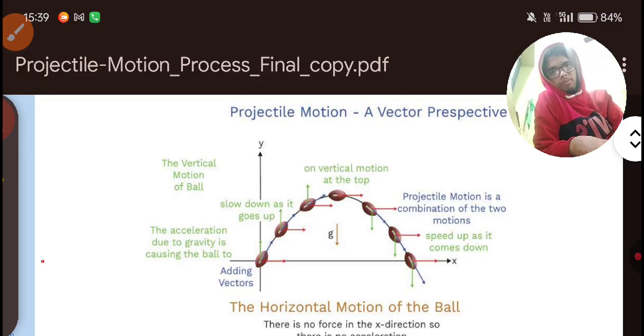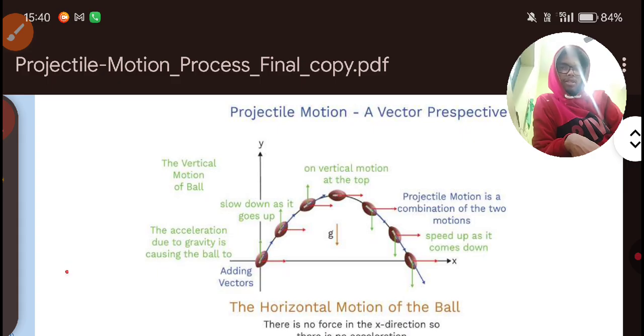Look over here, the vertical motion of a ball. Let's just say this is a ball going like this. The acceleration due to gravity causes the ball to slow down as it goes up.